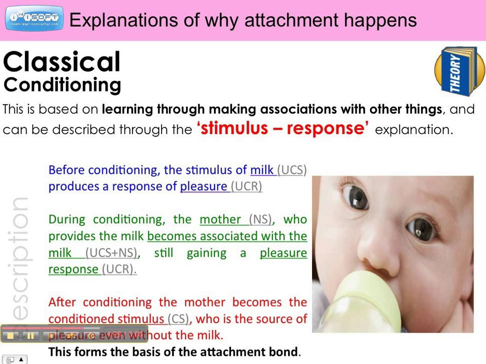During the process of conditioning, the mother, who again is a neutral stimulus, provides the milk, and therefore she becomes associated with the milk. This is the pairing of the unconditioned stimulus, the milk, and the neutral stimulus, the mother. And it still gives the baby a pleasure response, which is the unconditioned response.